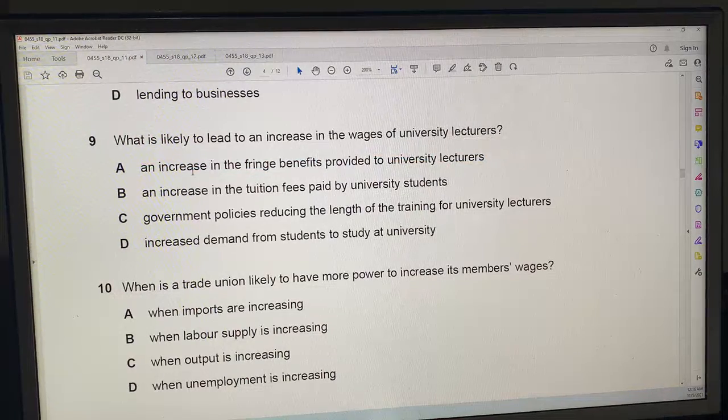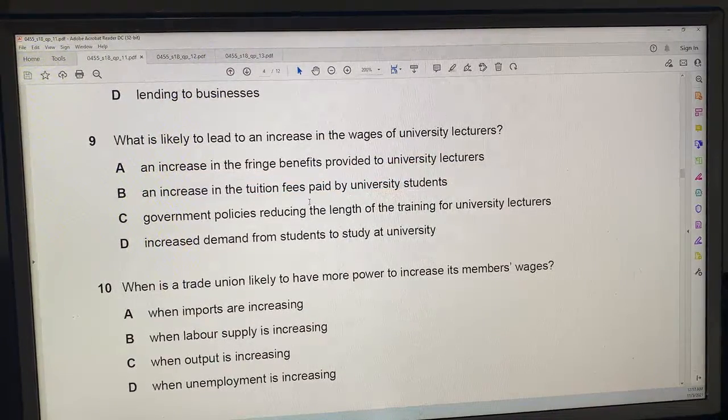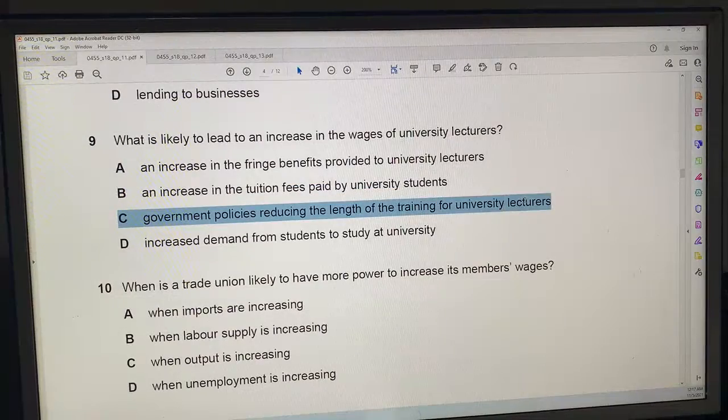No, that is an increase in wages, isn't it? Or it's an increase in compensation. B, an increase in the tuition fees paid by university students. That's possible. I like B, but tuition might increase due to costs increasing. So I like B. Let's take a look at C.